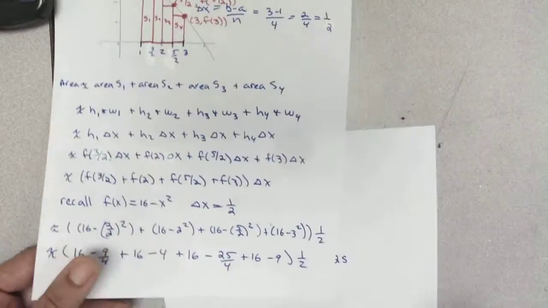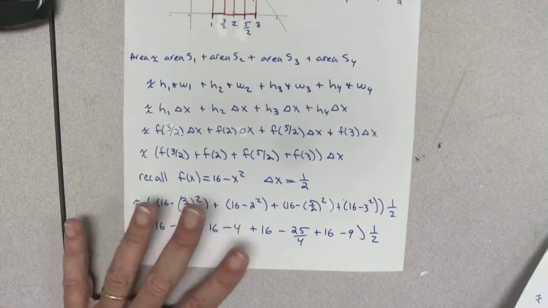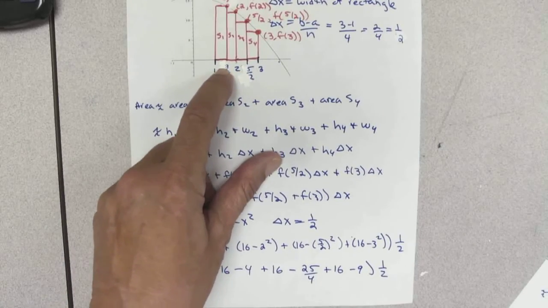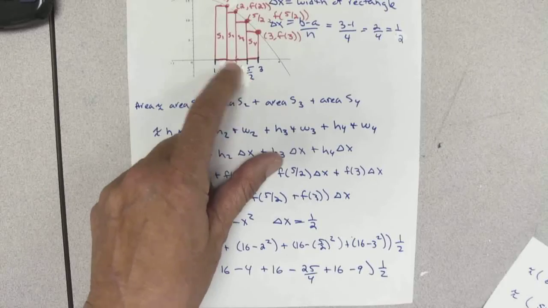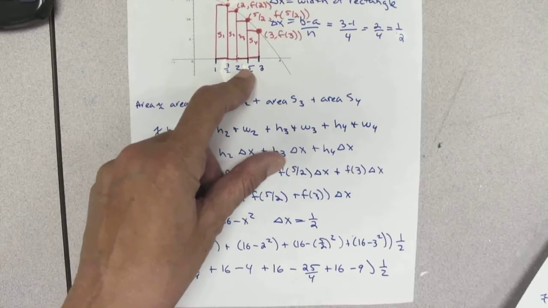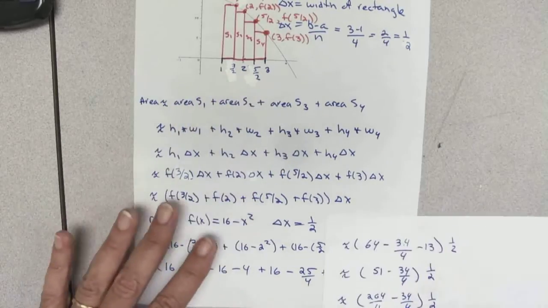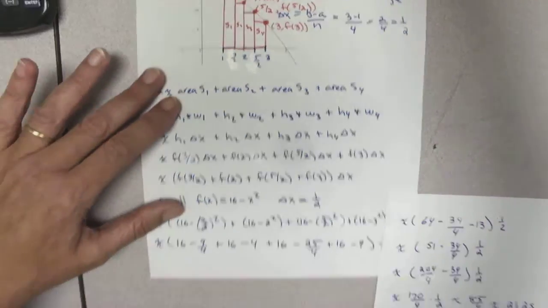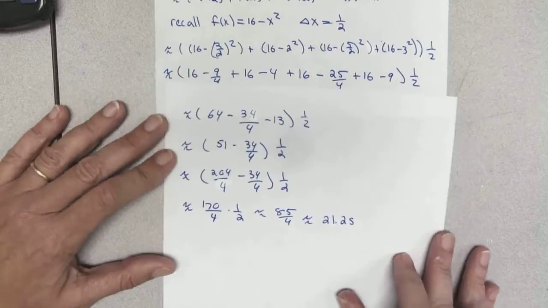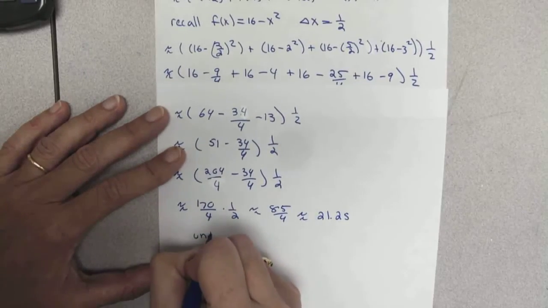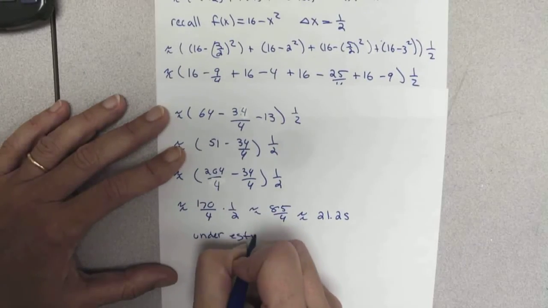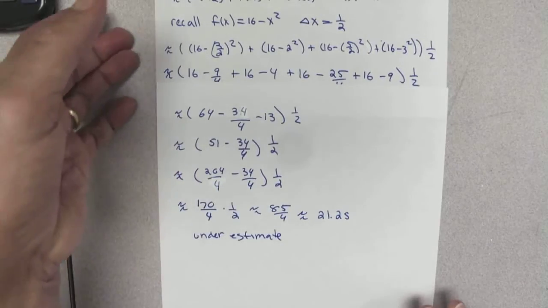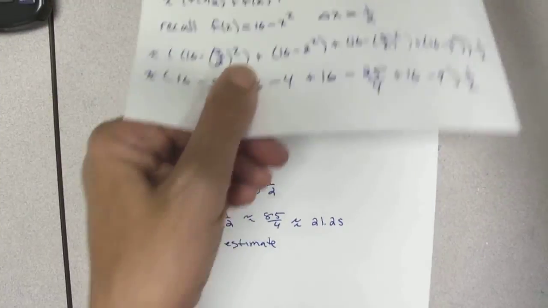Being a math person, I don't care that much about units, but if my tick marks were measured in centimeters, this would be 21.25 square centimeters. But my rectangles here were a little too short, and so this would be an underestimate.